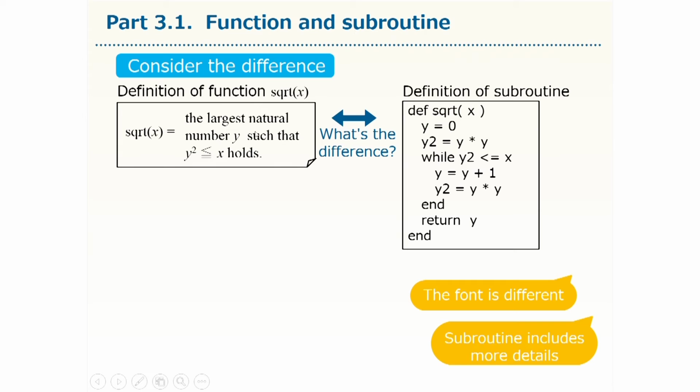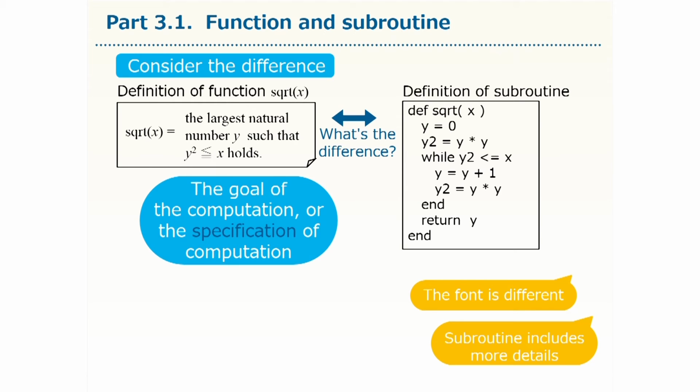No need to explain how to compute the output. This difference has a further meaning. In fact, functions, that is, mathematical functions, have a role in programming. They are used to specify the goal of computation, to specify precisely what should be the output for a given input.